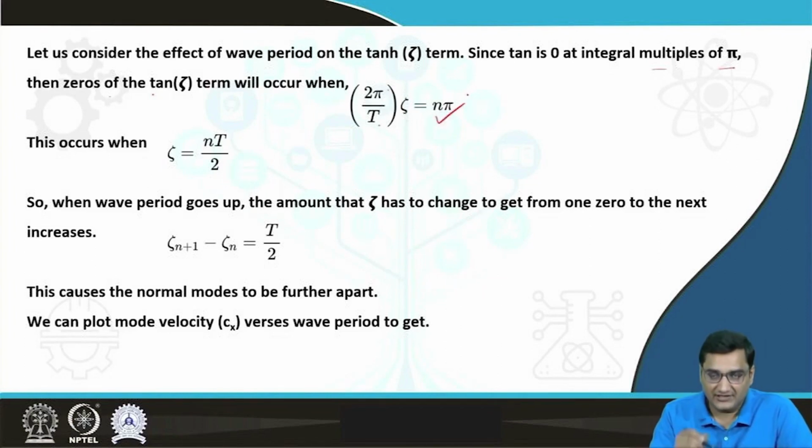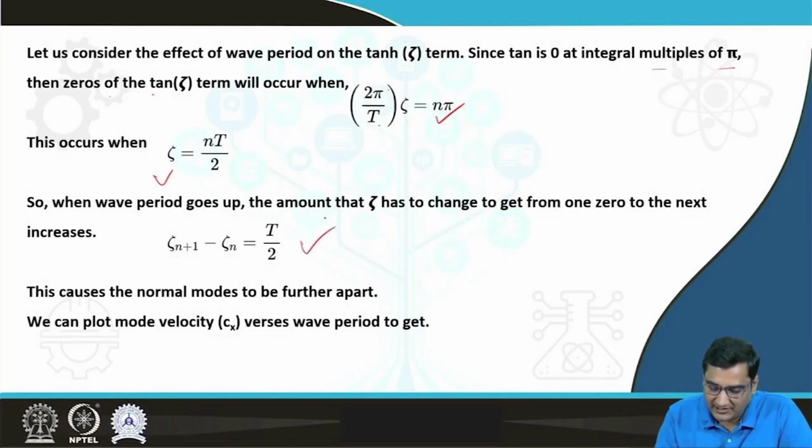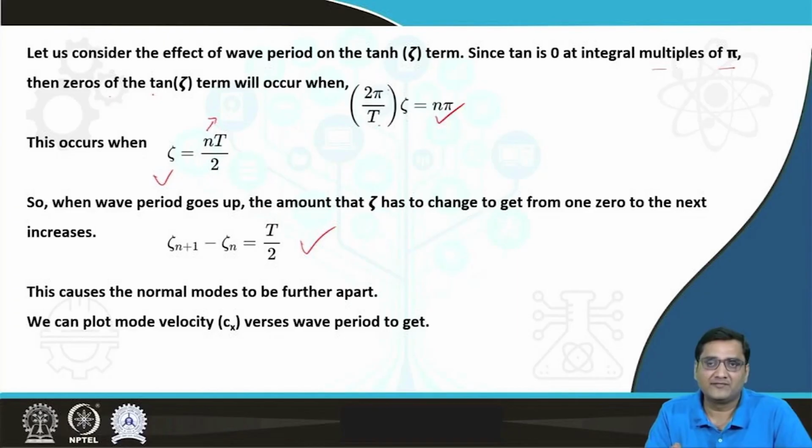So this will occur when zeta is equal to nT by 2. If you want to see the difference between two consecutive zeta values, incorporate n is equal to 1. That means zeta n plus 1 minus zeta n will be T by 2.